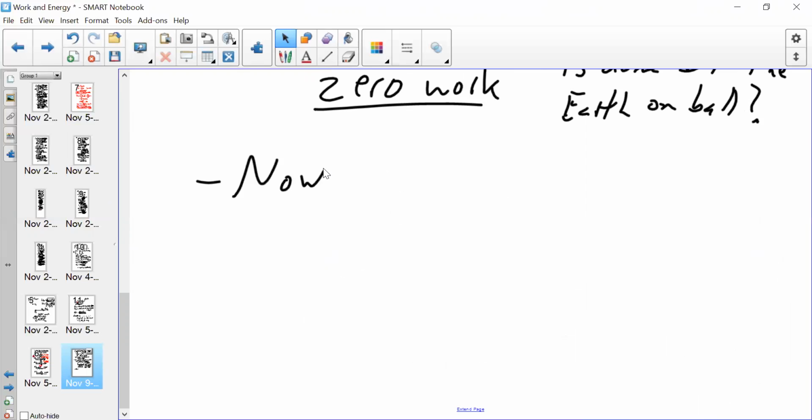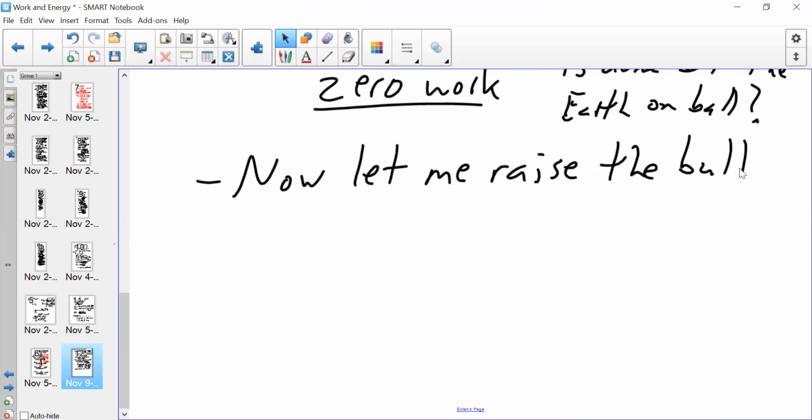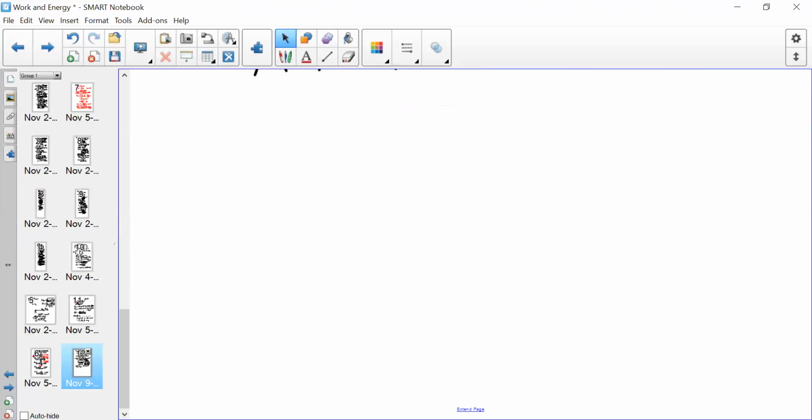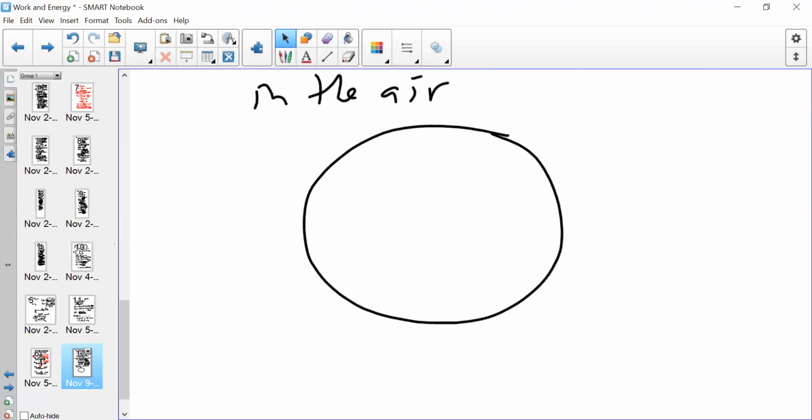Okay. Now let me raise the ball in the air. So now my system looks like this. Earth down here, ball up there, chilling out.